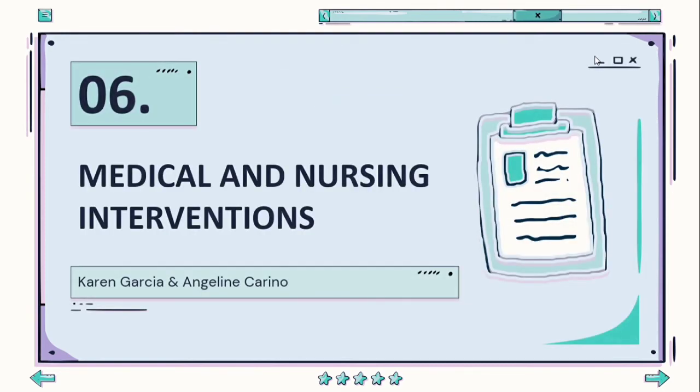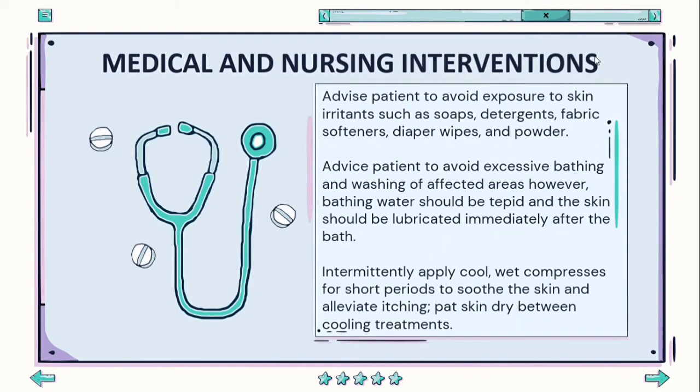The following are common in medical and nursing management. First, avoid exposure to skin irritants such as soap, detergents, fabric softeners, diaper wipes, and powder. Avoid excessive bathing and washing of affected areas. However, bathing water should be tepid, and the skin should be lubricated immediately after the bath.